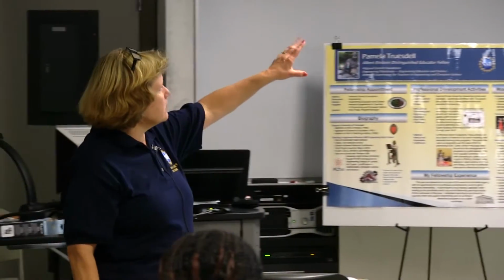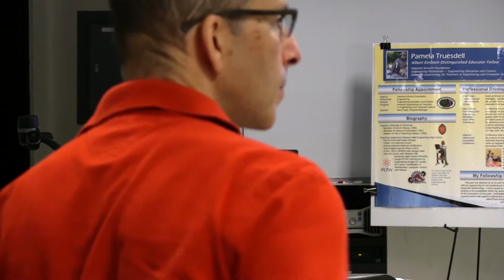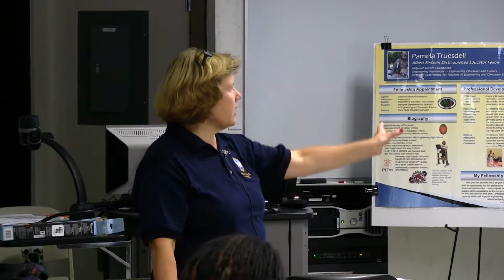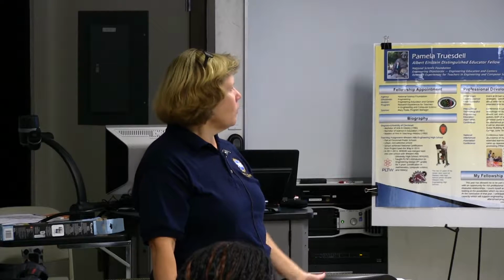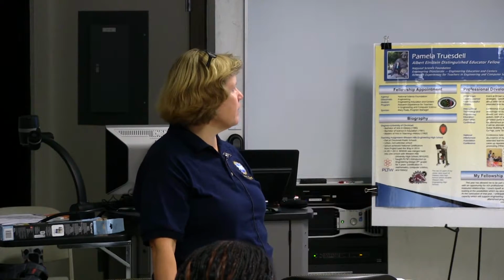What I want you to do is take unit activity implementation and engineering design process, and I want you to use one heading for that. Combine the two so that the center column is unit activity implementation with EDP, or engineering design process if you want to spell it out.